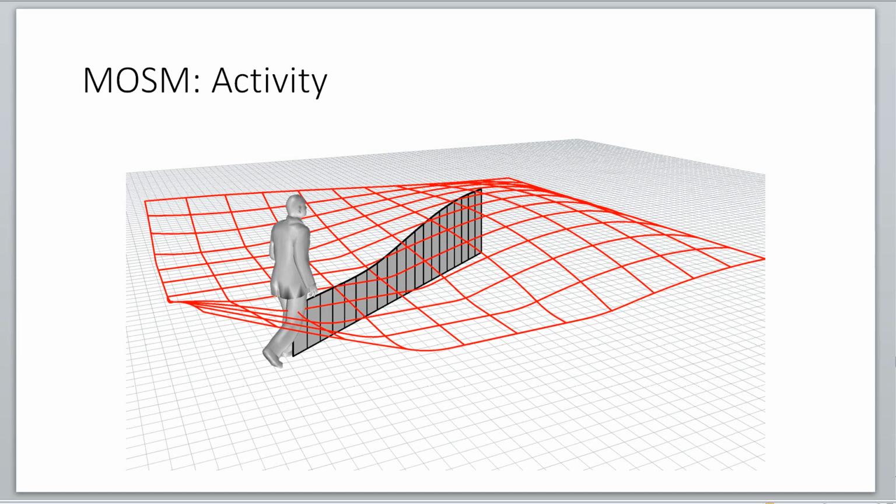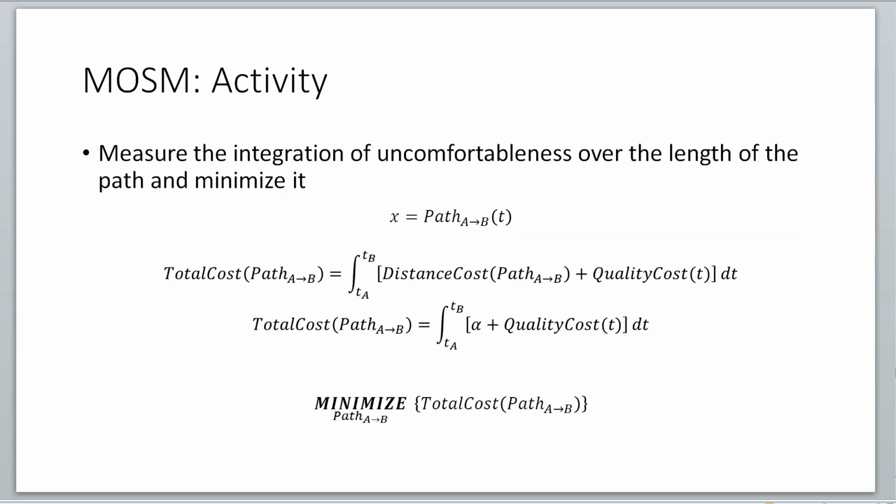So we can actually write a mathematical formula. I'm not going to describe the details, so this is our first and last formula that you can see. We have a path, and we want to integrate the distance cost and the quality cost in this path, and to capture the total cost of the path. The distance cost is a constant number, which we saw in the previous tutorial.